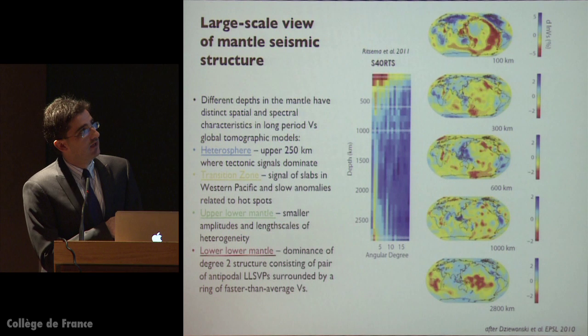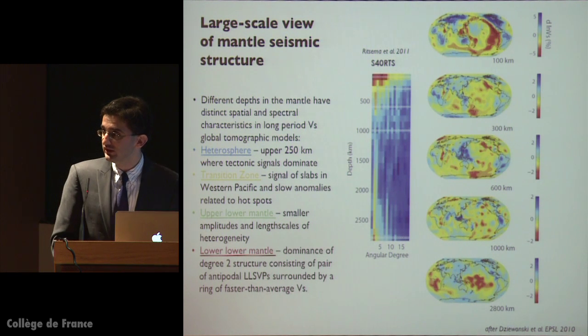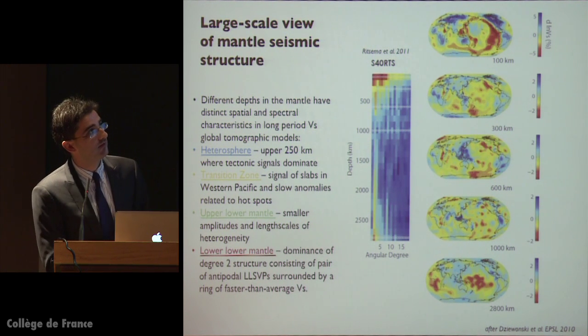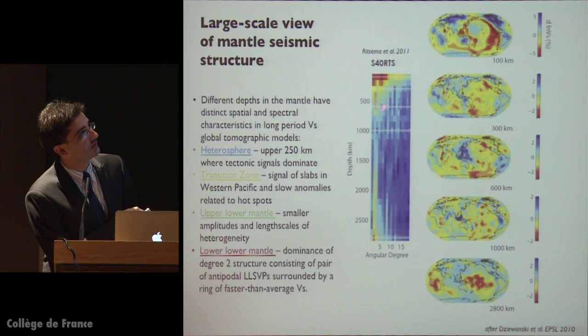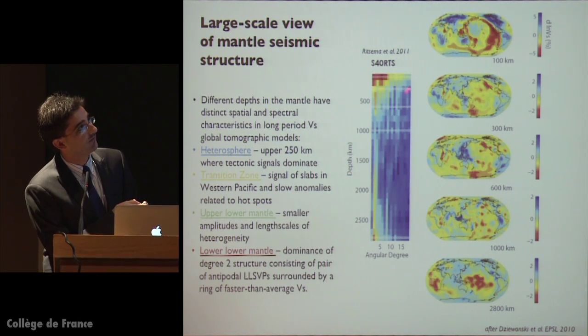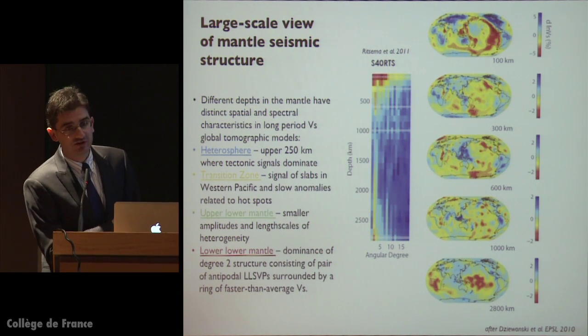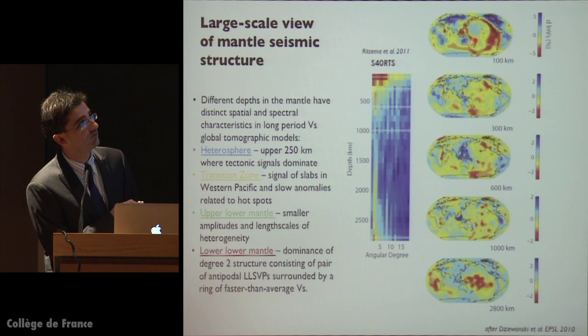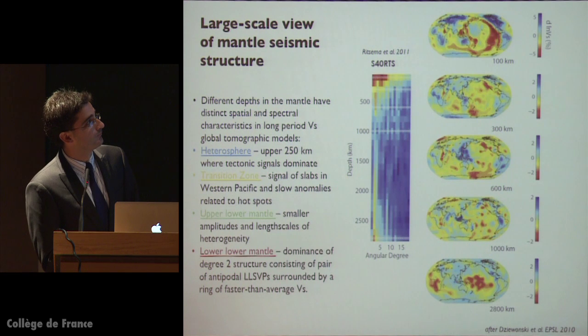If we look even just a little bit deeper, at a depth of 300 kilometers, this signature is completely gone. The world looks very different 300 kilometers down. The spectrum looks very different. In the wave number domain, the models look very different. There's no longer this very dominant peak at degree 5 that represents the ocean-continent function.